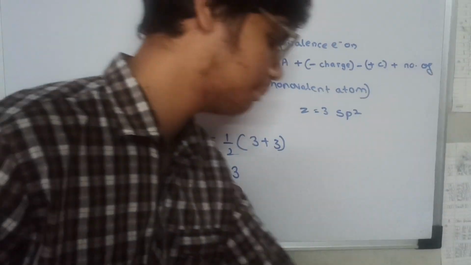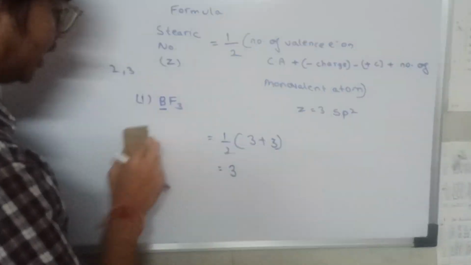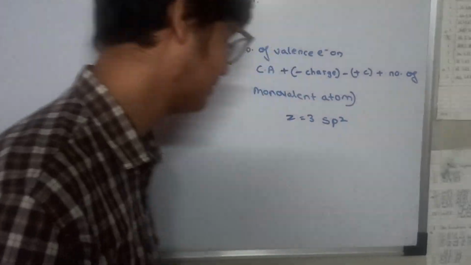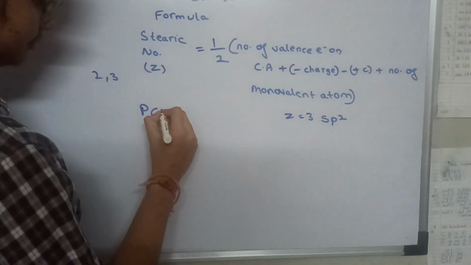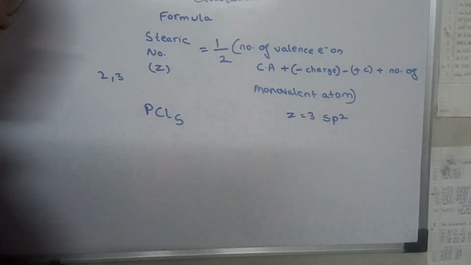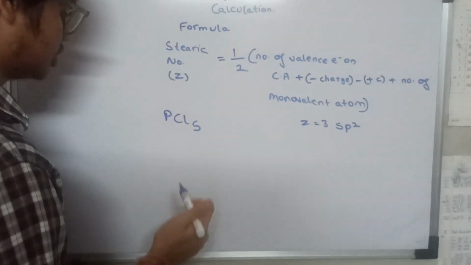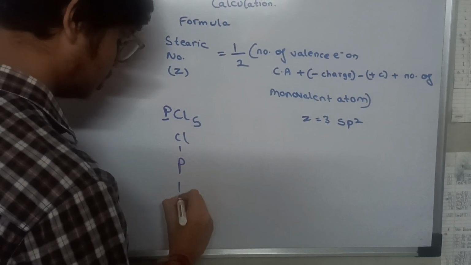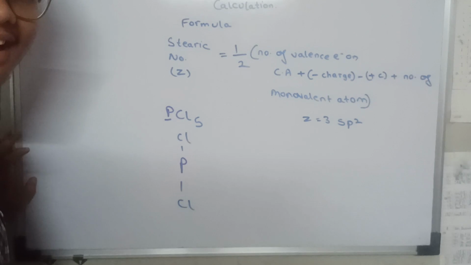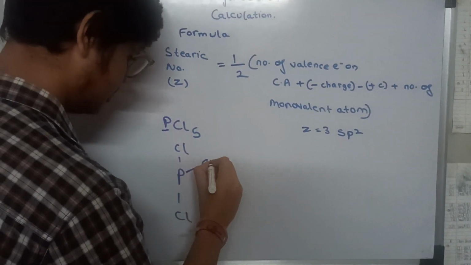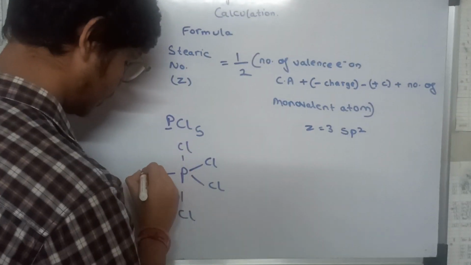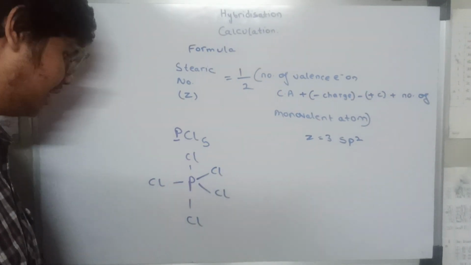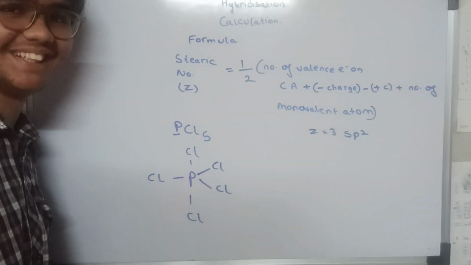So this was the first example. Now let us see the second example. We will take a little complex one: PCl5. How to go about this? Same way, first identify the central atom. If I draw the structure, it is a trigonal bipyramidal kind of thing, and you can check the playlist because hybridization was covered months earlier.